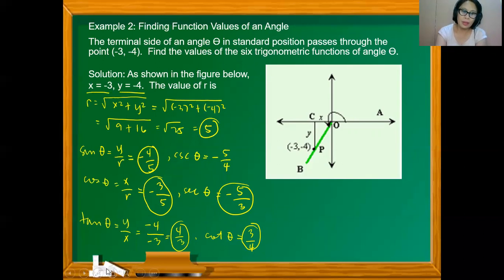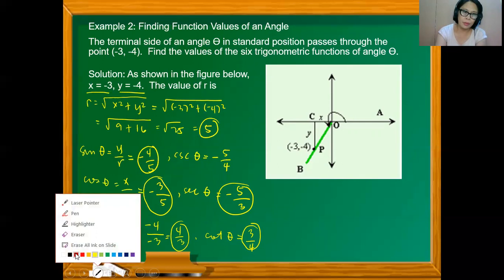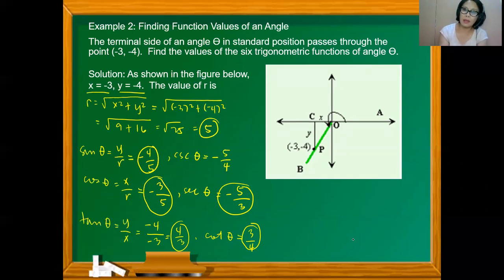Now, take note that if the terminal side of angle theta lies on quadrant 1, all trigonometric function values are positive. While if the terminal side of an angle theta lies on the second quadrant, we're expecting that sine theta and its reciprocal cosecant theta are positive. The rest are negative.